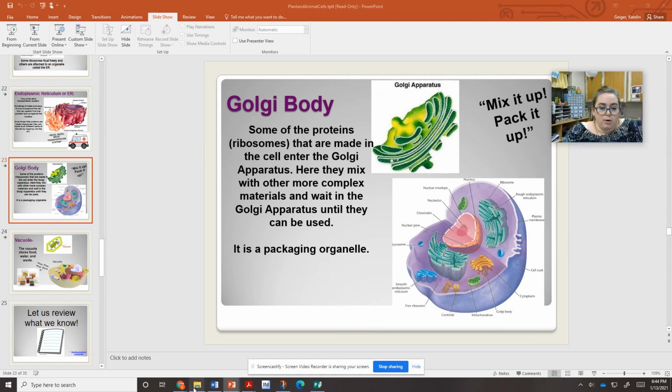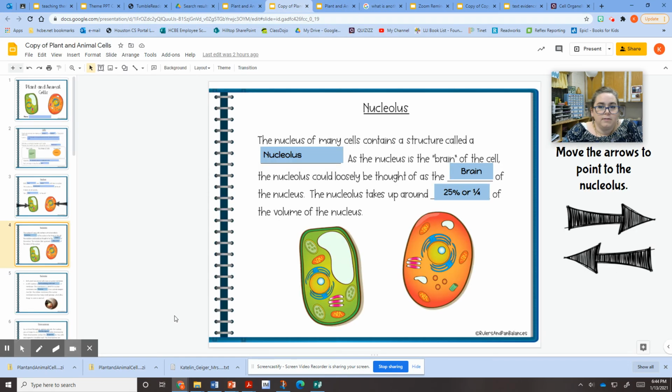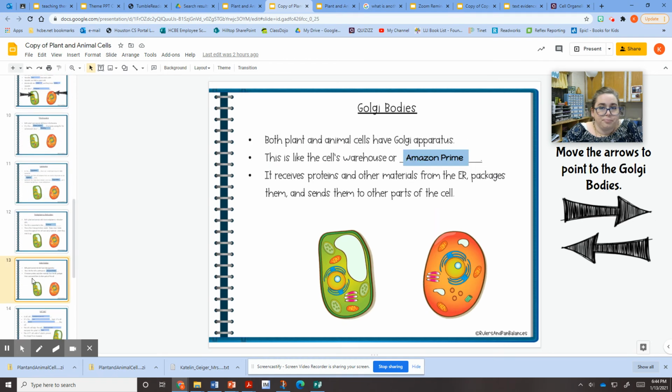Okay, and so if we are looking at our plant and animal slides, both plants and animals have a Golgi apparatus. This is the cell's warehouse, or Amazon Prime, UPS, FedEx, USPS, Postal Service, whatever. It receives proteins and other materials from the ER and then sends them to other parts of the cell.